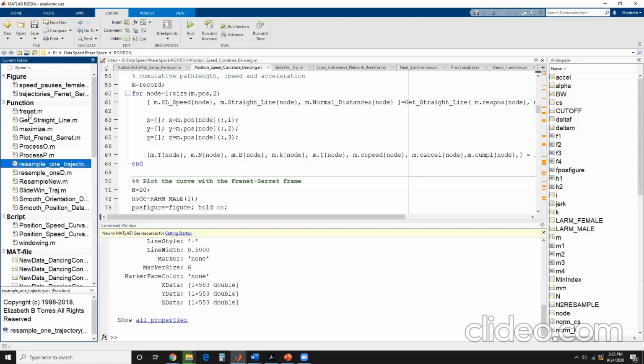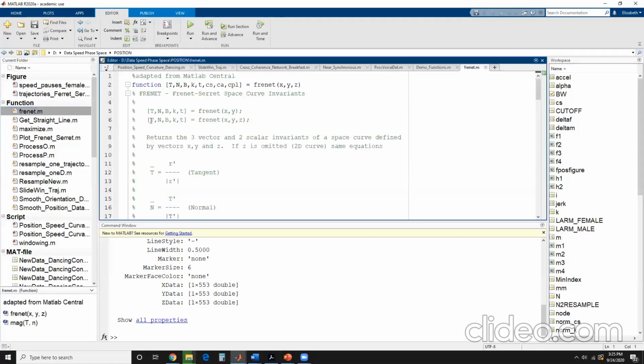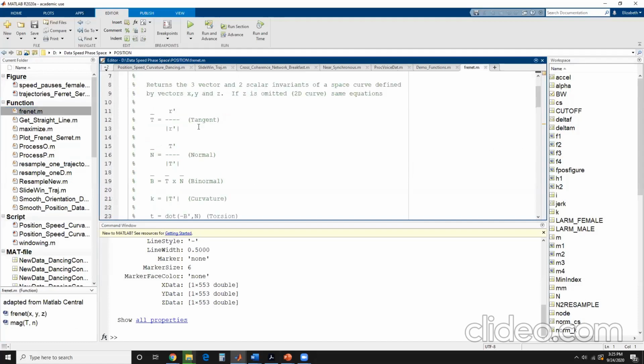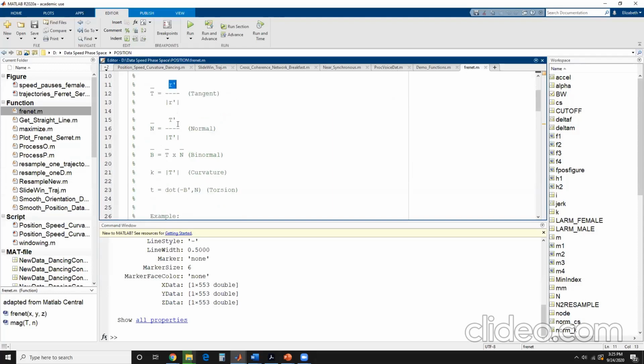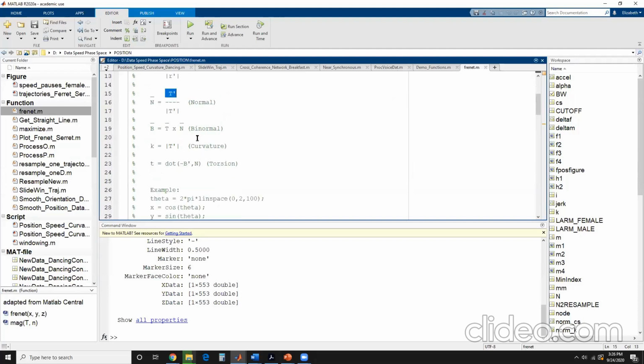So if you go to Frenet, the tangent is the local derivative normalized, so that's the tangent to the curve, and then the normal is the derivative of the tangent divided by its norm. So you build from that, so that's the acceleration of the curve. The binormal is the cross product.